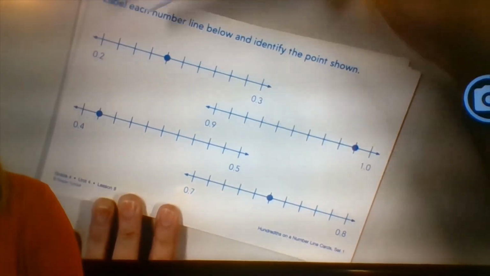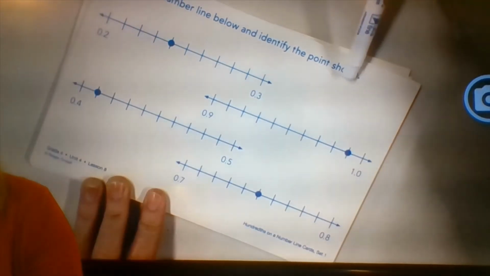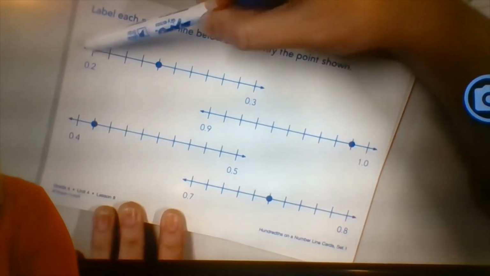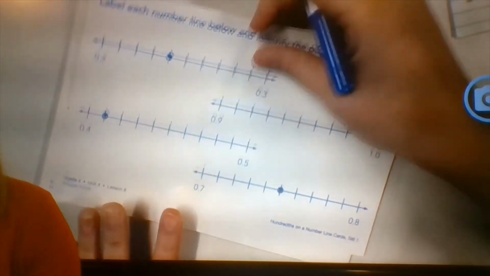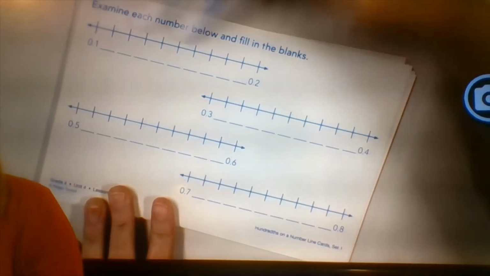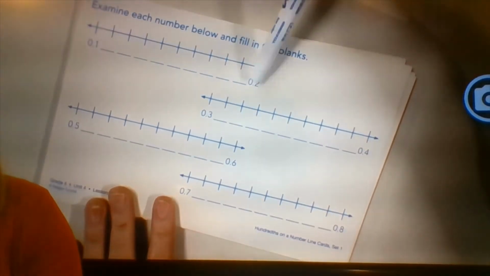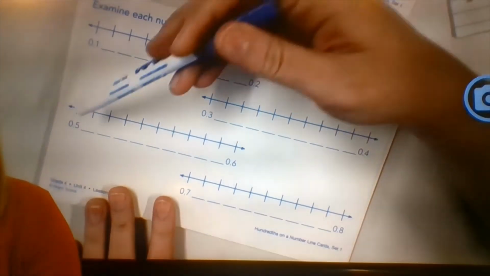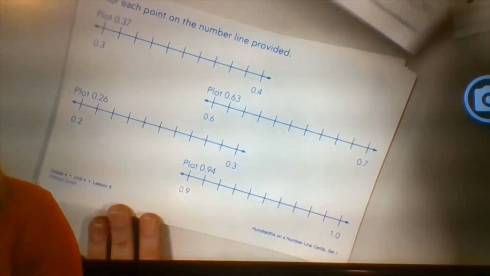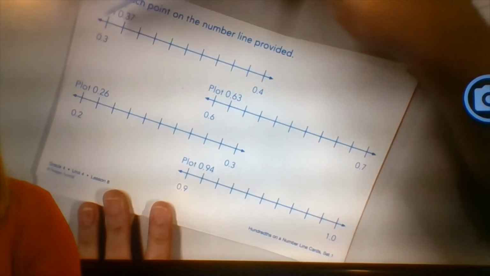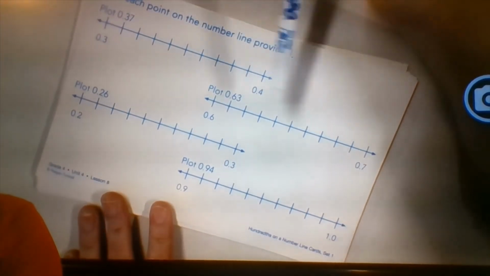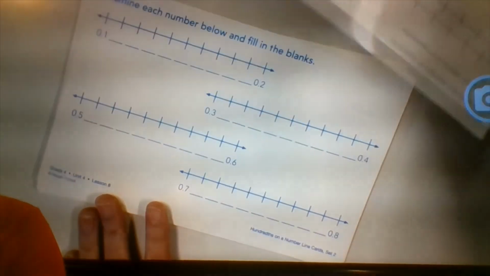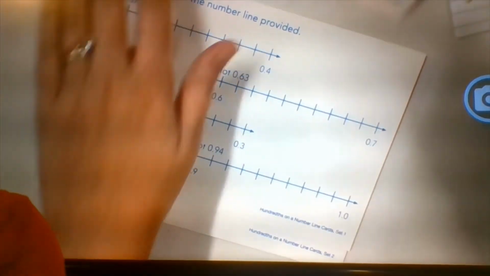So it says label each number line below and identify the point shown. So you'll label your number line and then you'll tell me what that point is. You might get one that just says fill in the blanks between 1/10 and 2/10, 3/10 and 4/10, and you'll be able to fill in the blanks with the hundredths. You might get one that asks you to plot a number between 2/10, and you will be able to do that one.